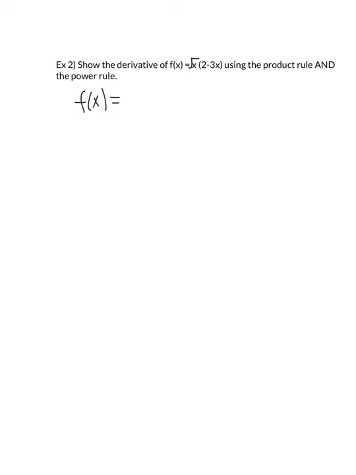So f of x is equal to, and instead of a root x, we are going to be rewriting it as an x to the 1/2 times 2 minus 3x. Now that I have that, I'm going to go ahead and I'm just going to be using my product rule first, just because that's what this note is on and that's what we just finished doing.